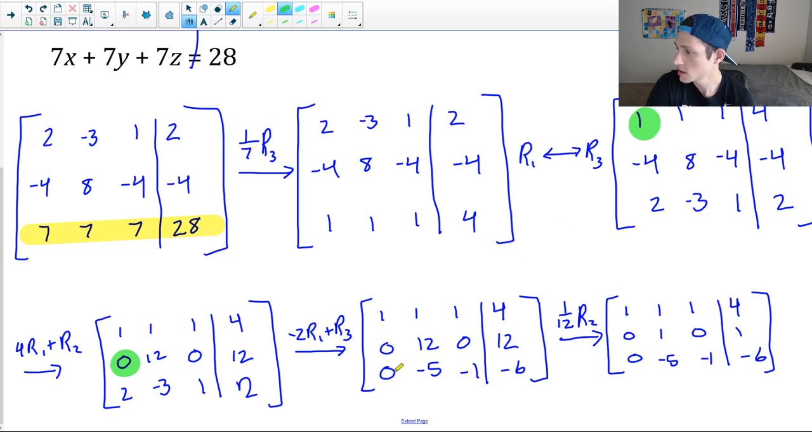And I use this 1 to make this 0. All right, so now we're going to do a similar thing. Now that I have a 1 right here, I want to use this 1 in order to make this -5 0, right? So once we move over a column and make a 1 on that next column's diagonal, I want to use that to then create 0 in the other ones.